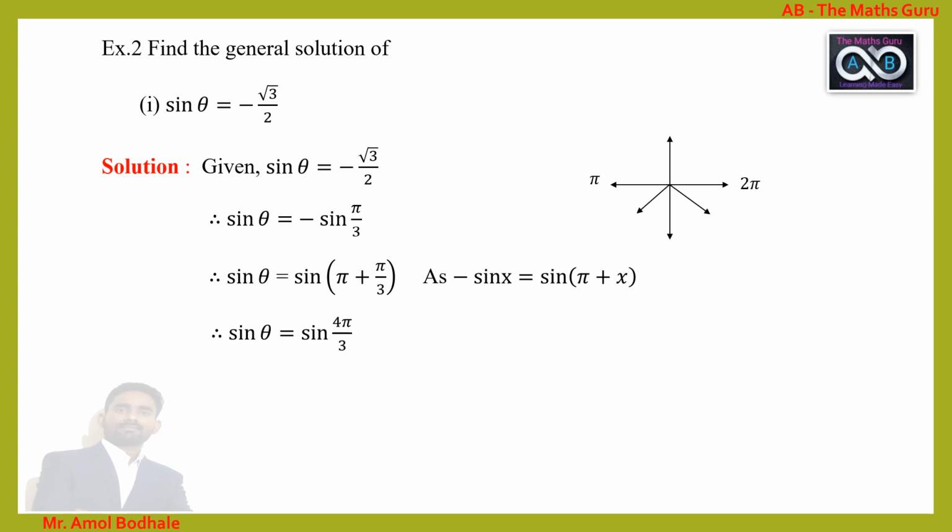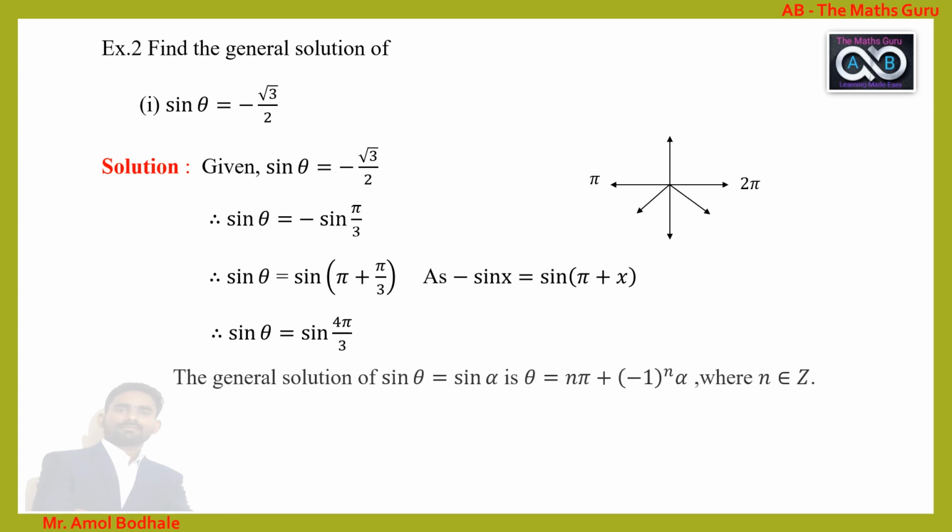So now here we get it in the form sine theta equal to sine alpha. We know the general solution of sine theta equal to sine alpha is theta equal to n pi plus minus 1 raised to n alpha, where n belongs to z. So here alpha is exactly 4 pi by 3. So we will replace this alpha by 4 pi by 3.